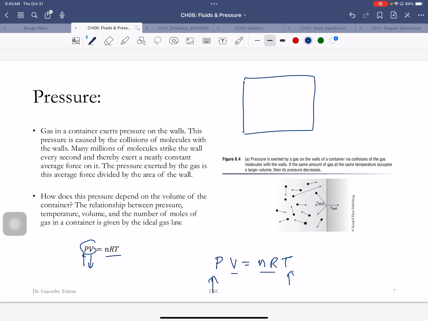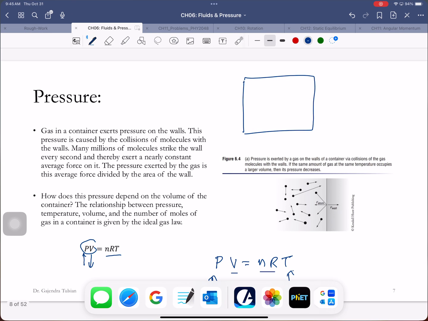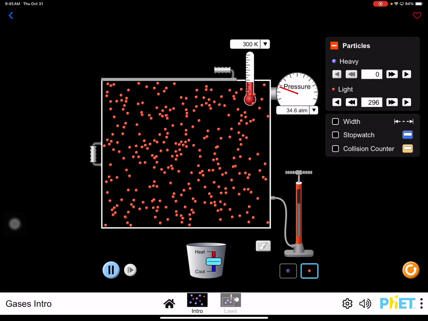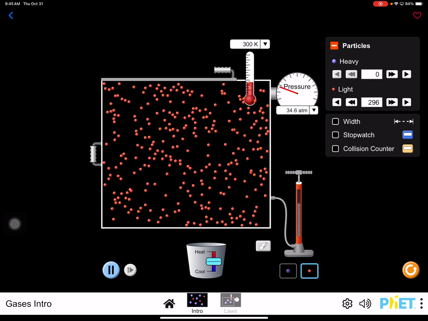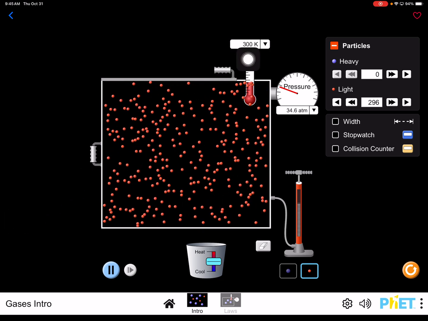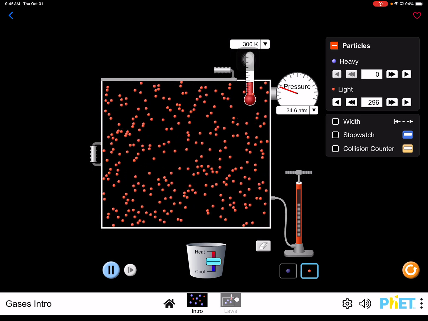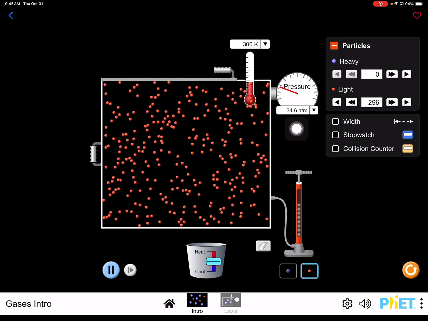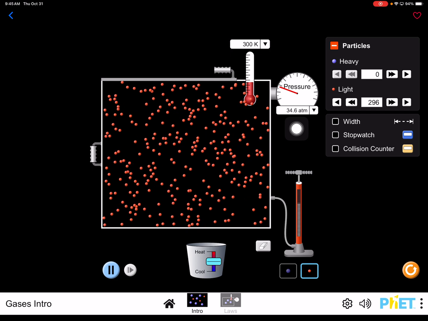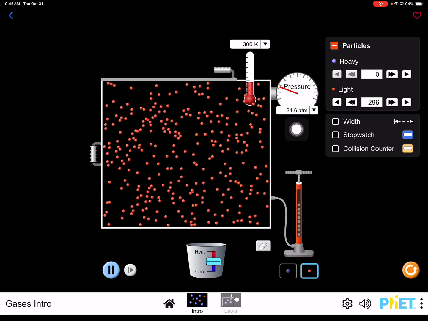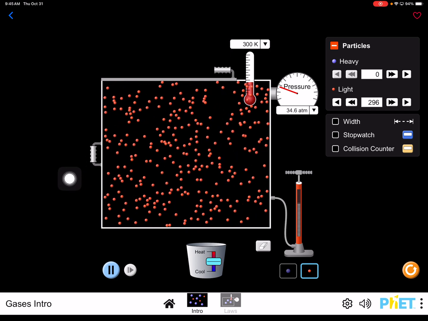So let's see that. Watch this number. There's the temperature, 300 degrees Kelvin, and I'm going to raise the temperature to 600 degrees Kelvin. The pressure is 35 atmospheres, so it should go to 70 atmospheres. Let's see that.